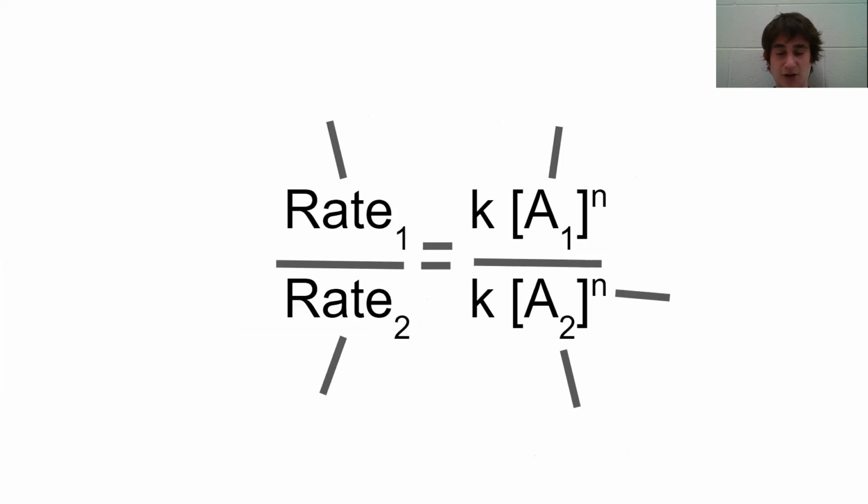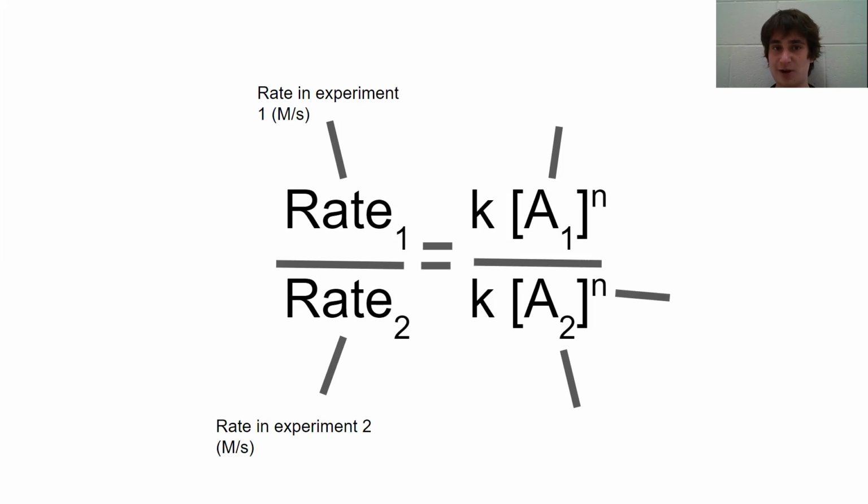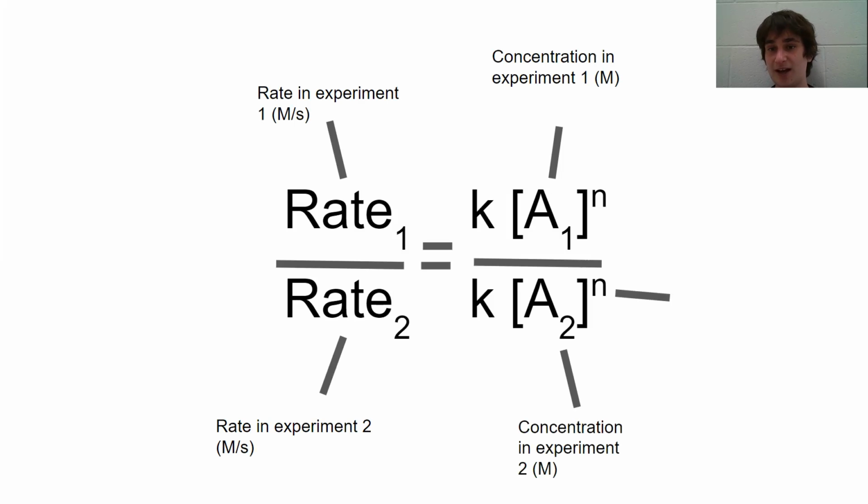And to solve for the rate order, we're going to find two experiments where the molarity changes for one reactant and stays the same for the other. And we're going to set the larger rate over the smaller rate equal to the concentration in the experiment with the larger rate over the concentration in the experiment with the lower rate, and put those to the rate order for reactant 1.